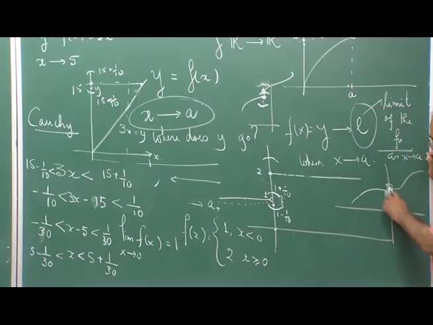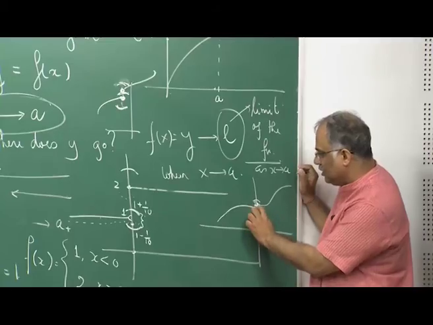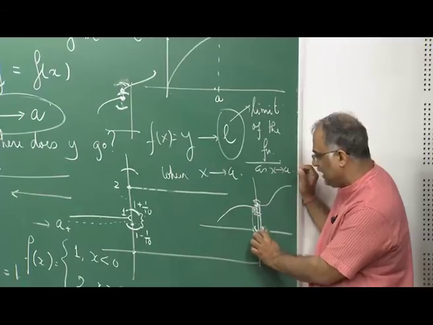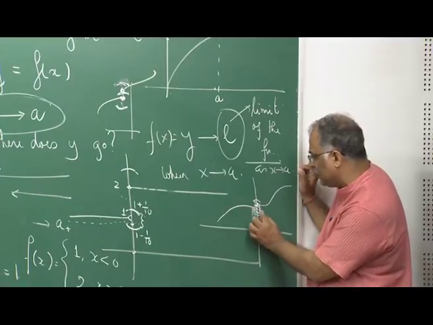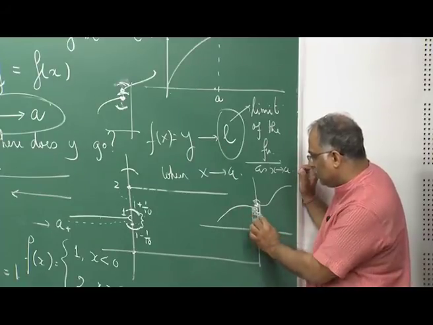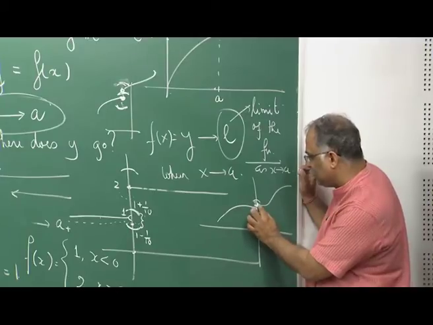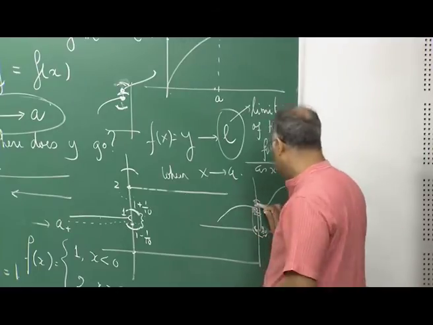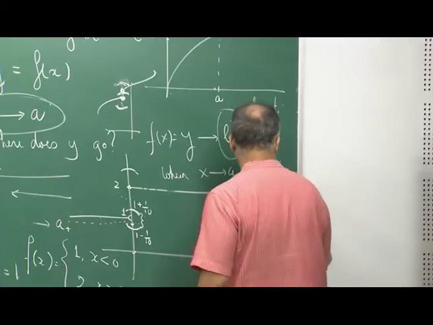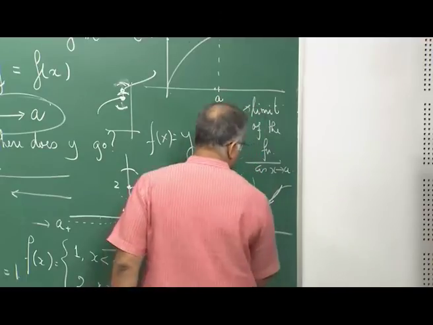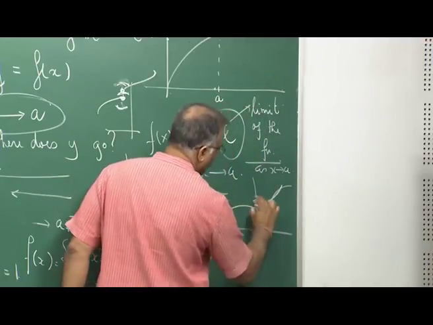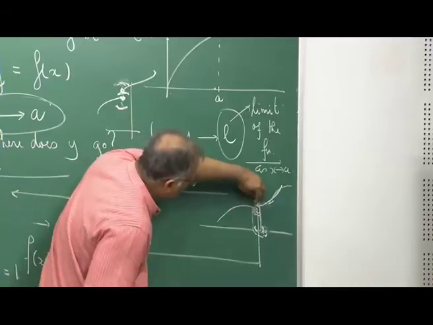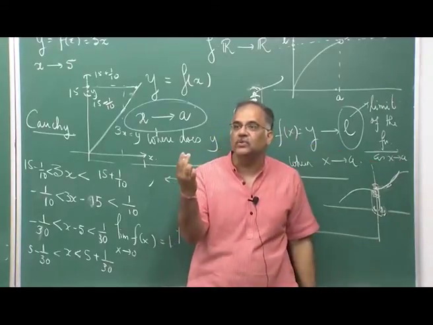For these x's here, for a very small neighborhood, there are functional values at this point, right, because suppose this function is increasing, like this. So, if the neighborhood is very small, at the upper part there are no functional values.